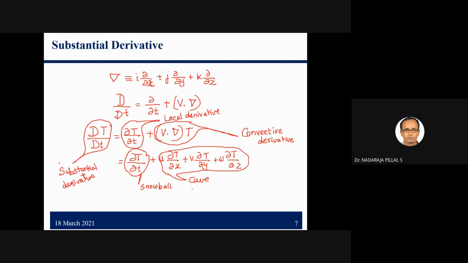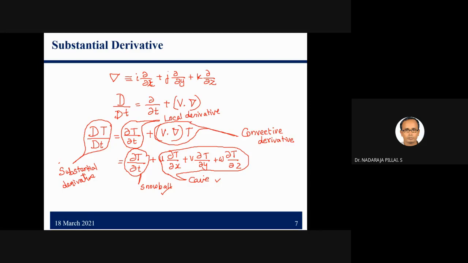The first one is because of the convective derivative, and another one is because one of your friends throws the snowball. By that way, the temperature is reduced, and hence the total is the snowball and the cave. So this is the substantial derivative, which is the summation of local derivative and the convective derivative.